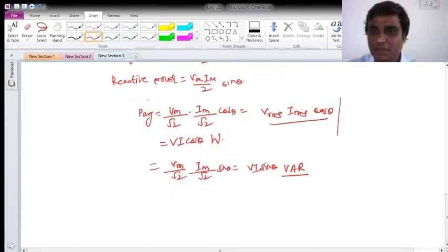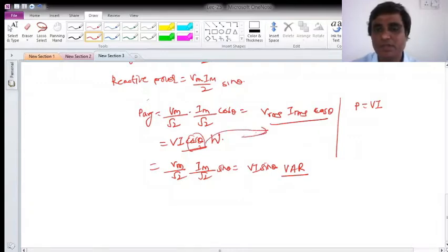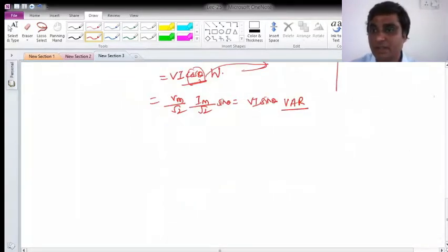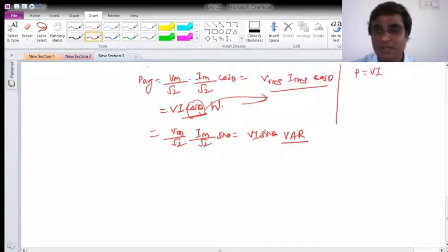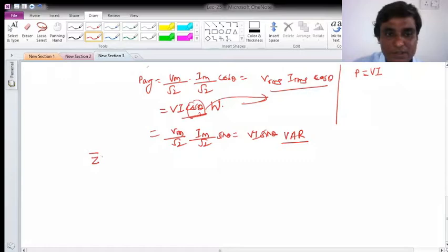Similarly, if you go for DC circuits, what is that power? Power is simply VI, right? And here active power is VI cos theta. The only difference is cos theta, that's it, where in a DC circuit your cos theta is 1, it is fully unity power factor there. Or if we have Z bar equal to V phasor upon I phasor, till now we have used the maximum value, so instead of maximum I can use the RMS value.